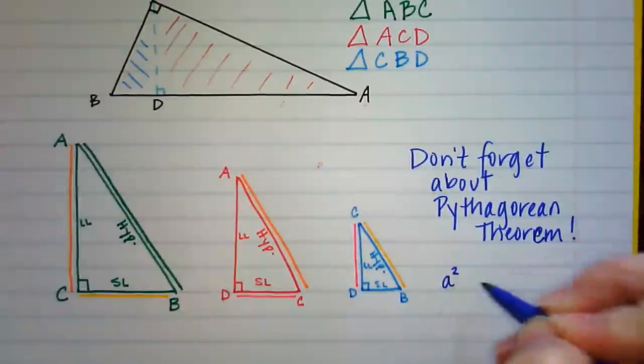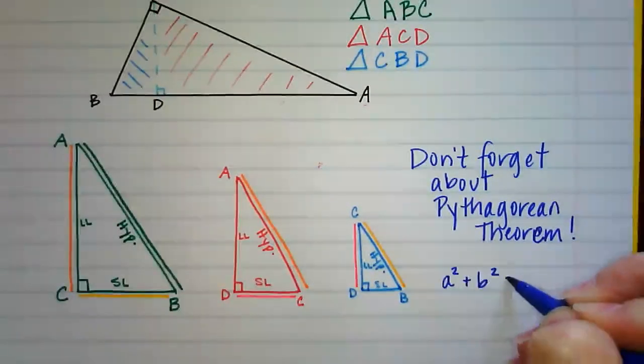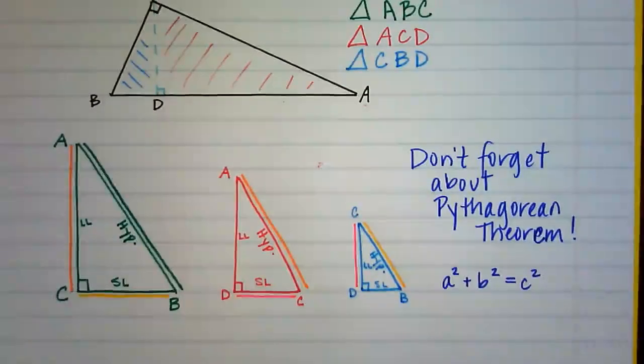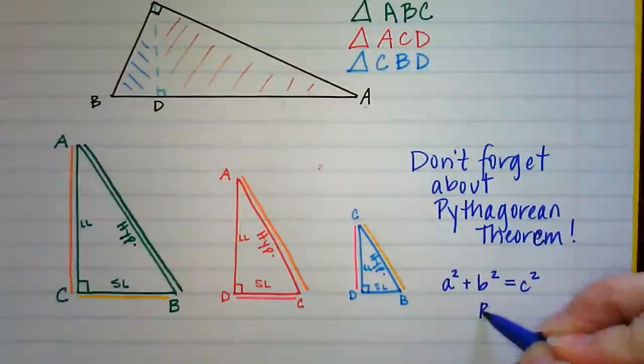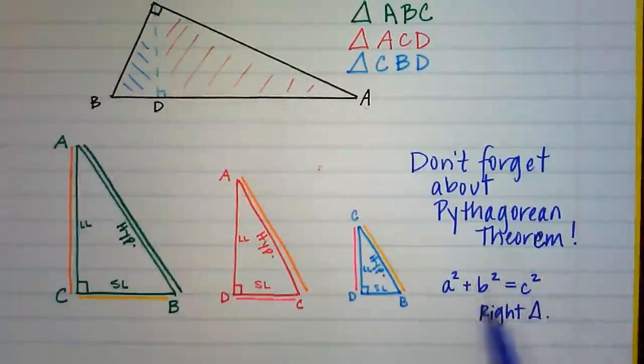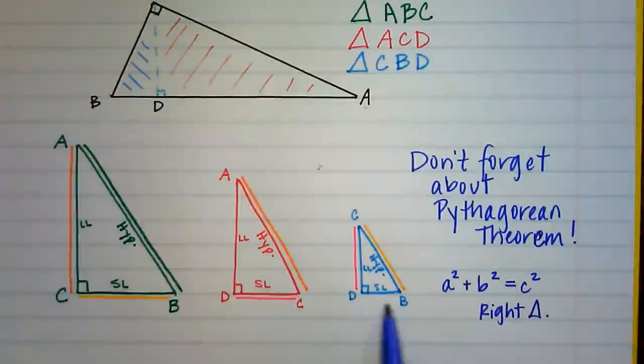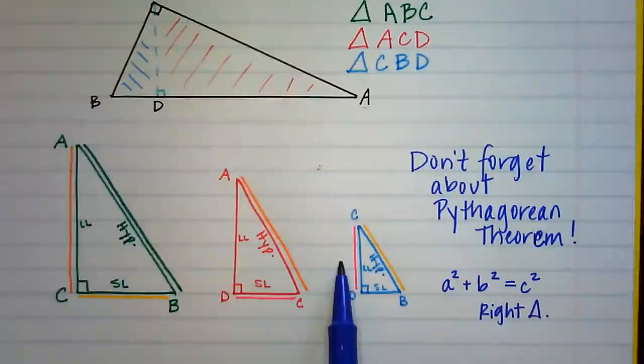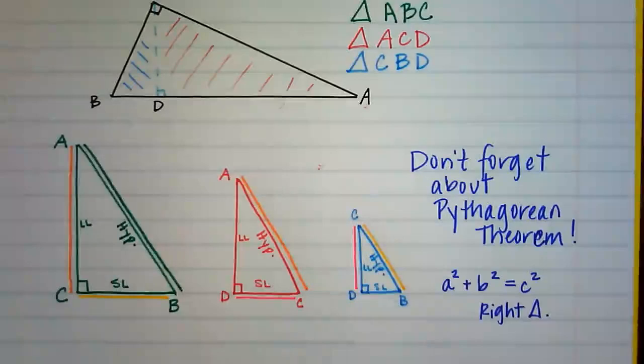That says that a squared plus b squared equals c squared in a right triangle. So since we have right triangles, we know that a squared, which is the short leg, plus b squared, which is the long leg, will be the same as the hypotenuse, which is the longest side, squared.